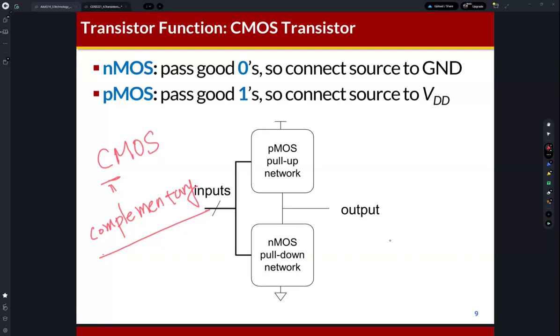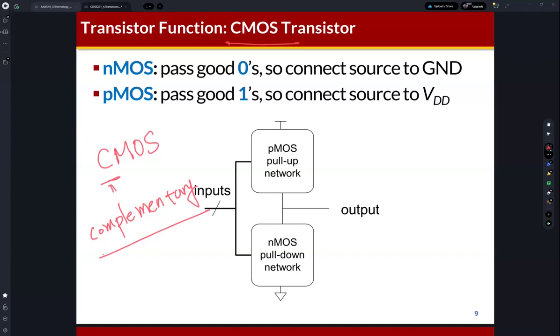We require both NMOS transistors and PMOS transistors to build a digital circuit, and this circuit is called a CMOS circuit. So CMOS means just NMOS plus PMOS.